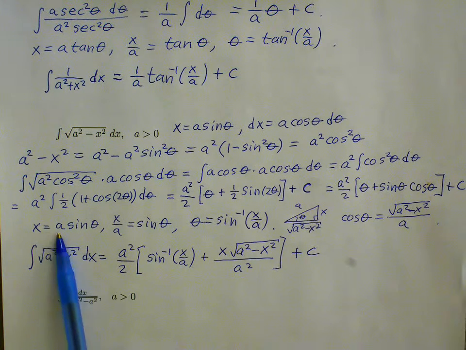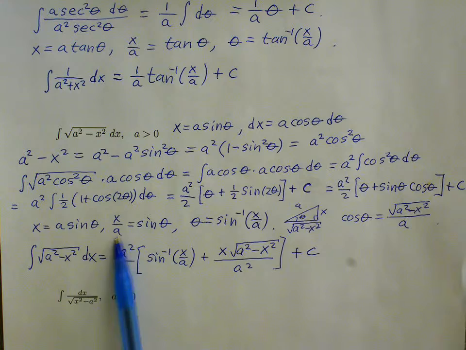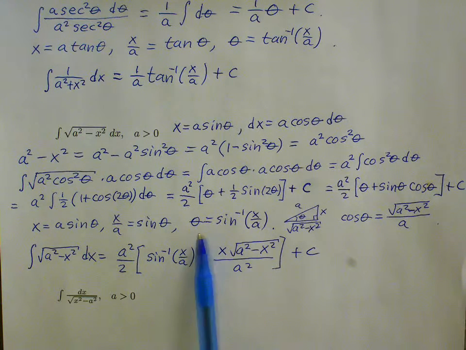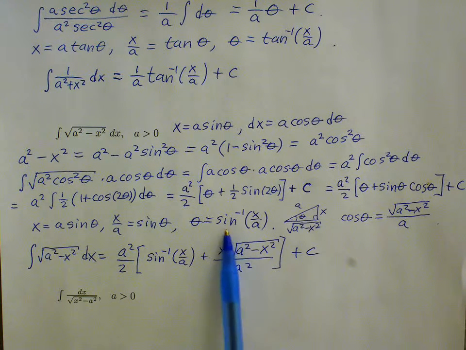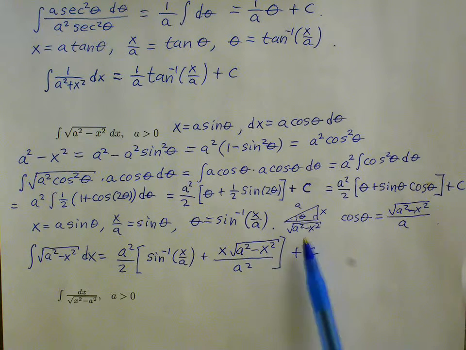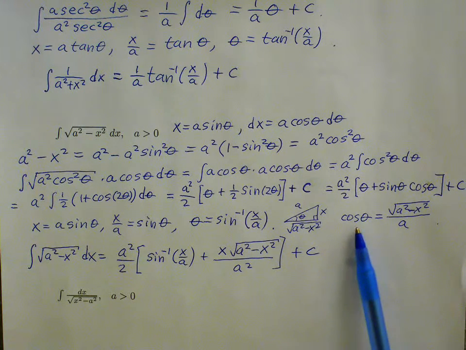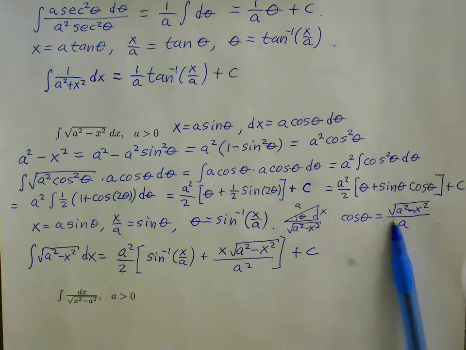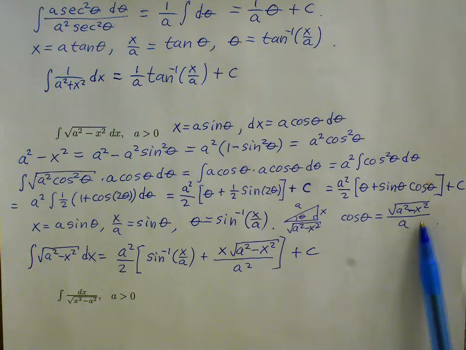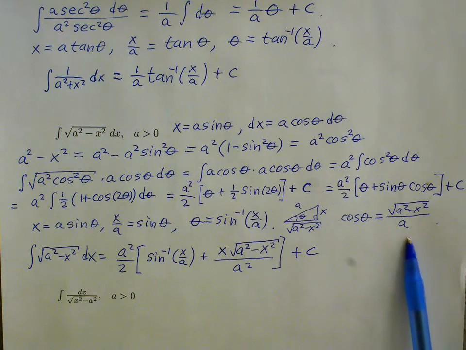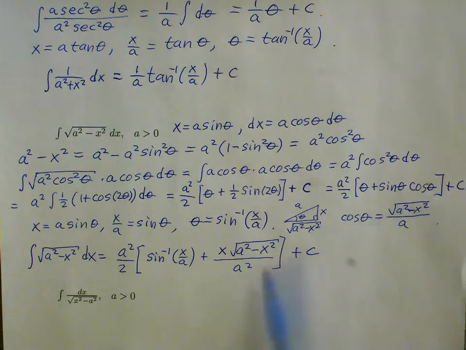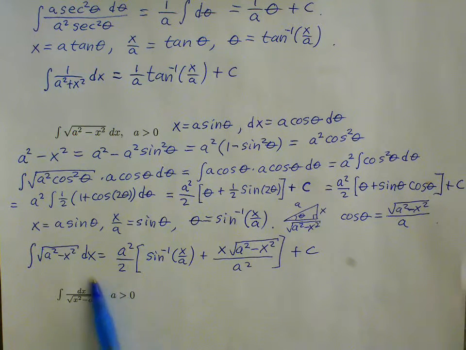X equals a times sine of theta, so we'll replace sine of theta with x over a and replace theta with the inverse sine of x over a. And then in terms of x, we can easily find that cosine of theta is the square root of a squared minus x squared over a. And then we make that substitution, and we get this formula for the square root of a squared minus x squared.